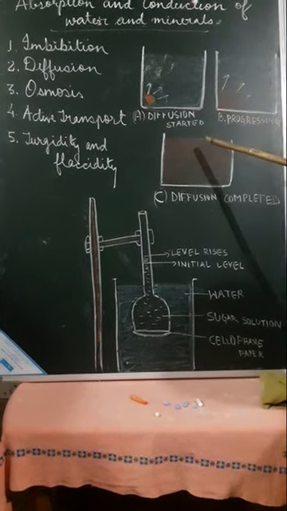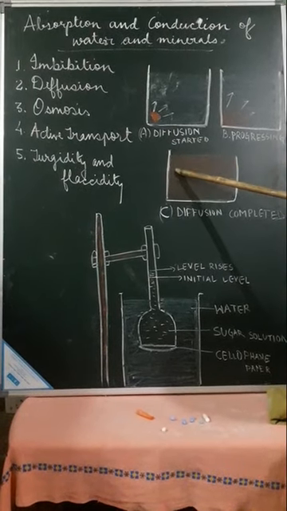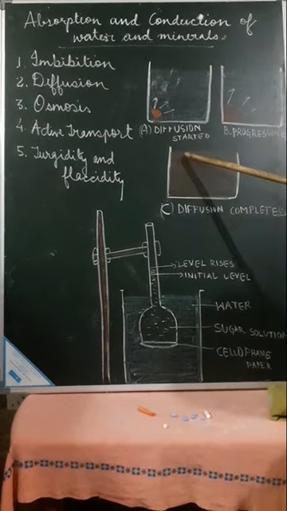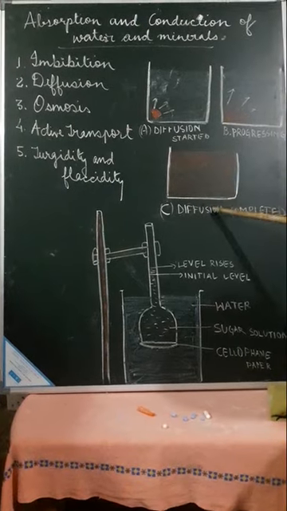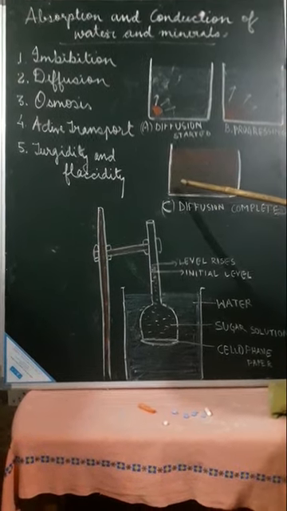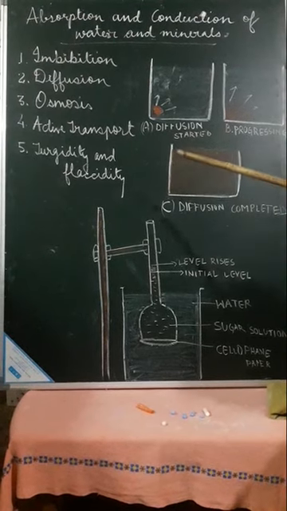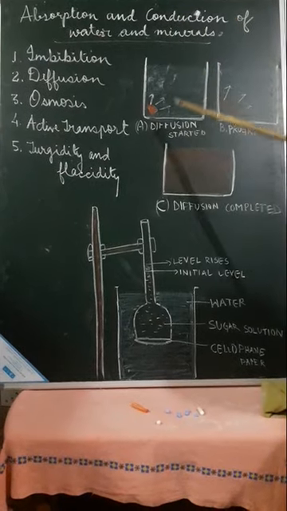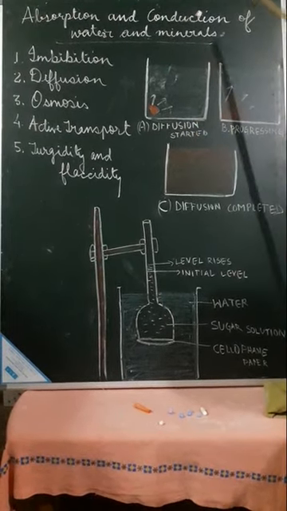Slowly the process continues till it becomes a uniform solution. So here the diffusion is completed, and the water became pinkish or purple. This is the experiment we will be doing in the class also.